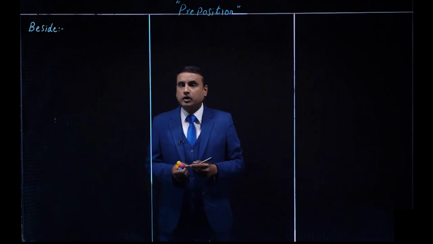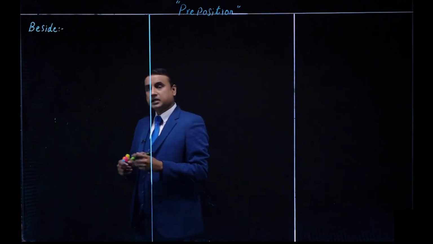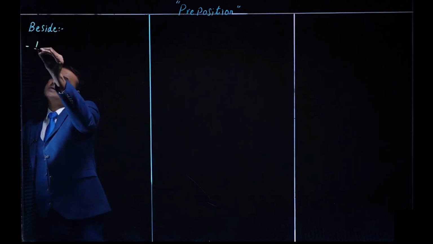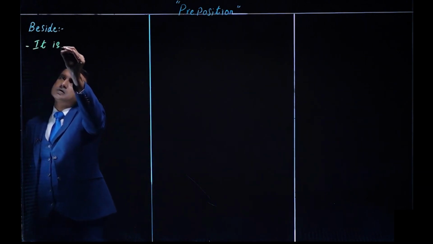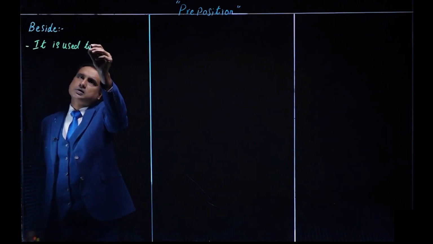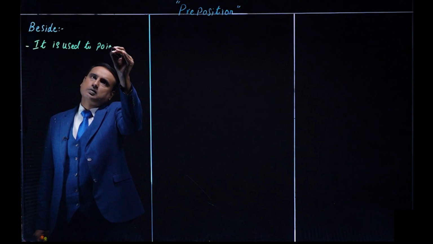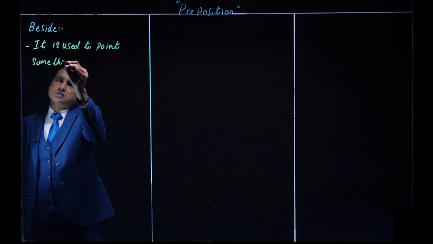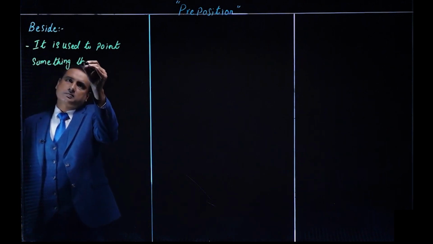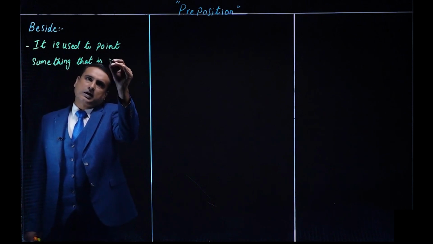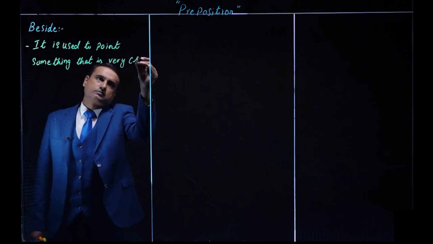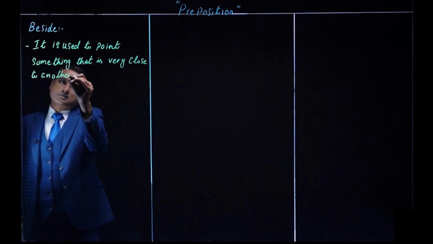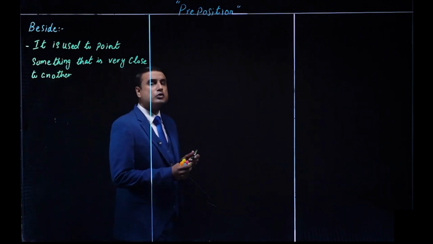Now how can beside be used? It can be used in various ways. The very first thing is, it is used to point to something that is very close to another. पास कोई चीज़ रखी होगी तो उसको भी हम क्या कहेंगे?